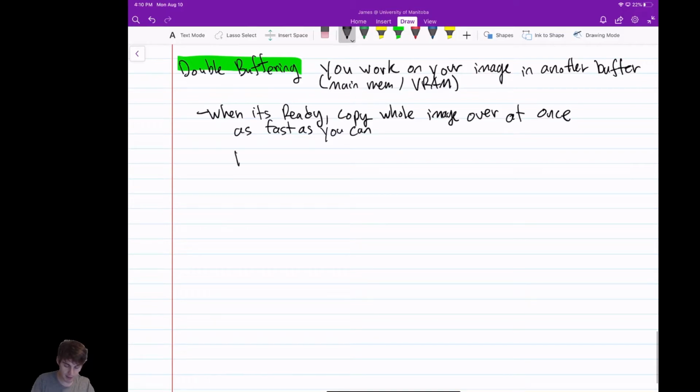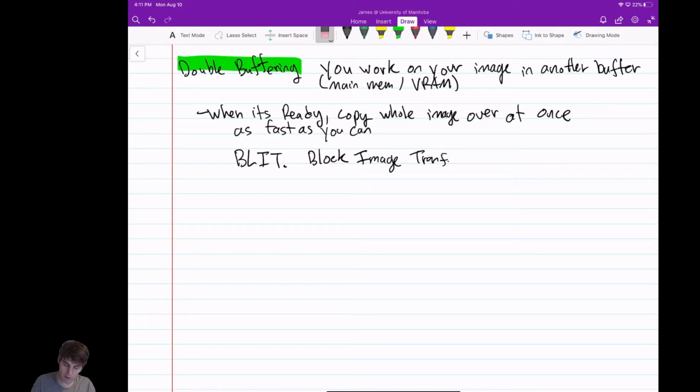This is called blitting. The reason it's called BLIT is that it stands for block image transfer.